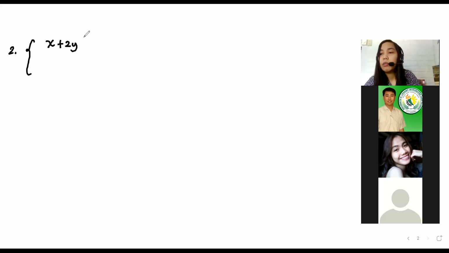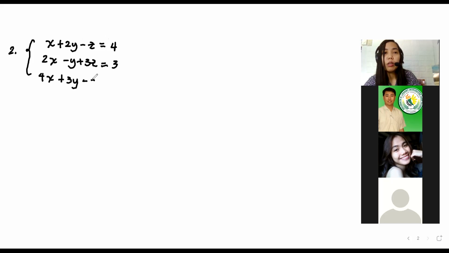Next. How about for 3 unknowns? Find the point of intersection of the 3 planes defined by x plus 2y minus z equals 4, 2x minus y plus 3z equals 3, and 4x plus 3y minus 2z equals 5.